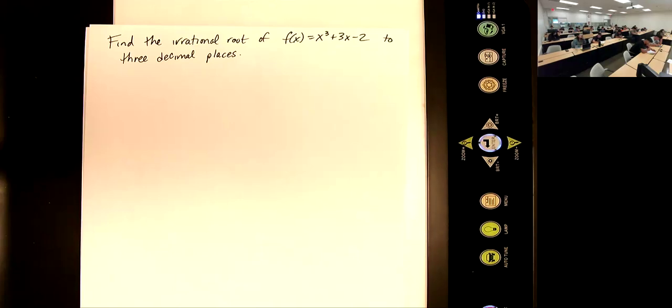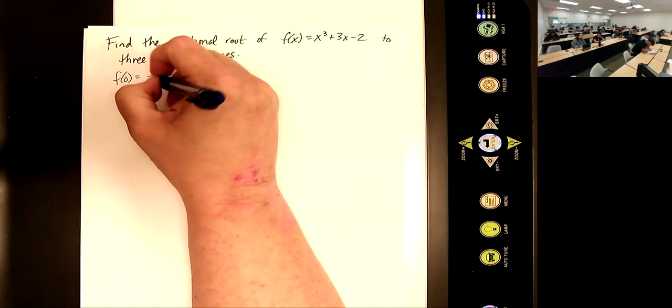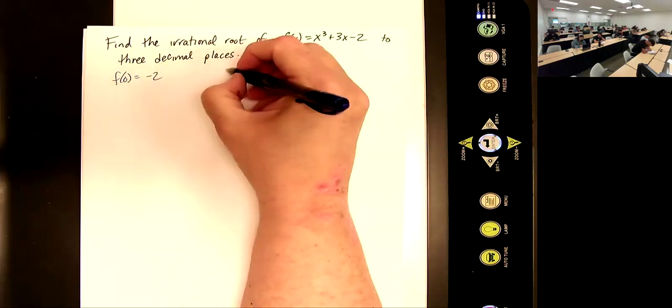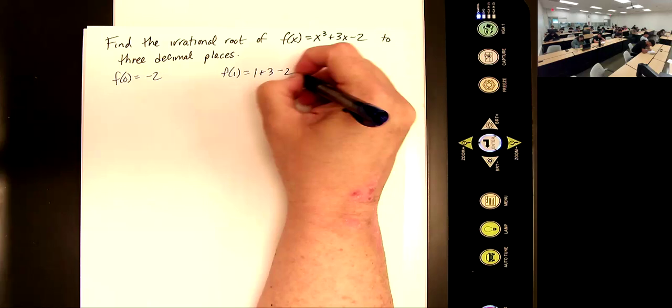Okay, so first off, we gotta find the region that will have a root. Let's try 0 and 1 again. F of 0 equals -2. F of 1 is 1 plus 3 minus 2, which is 2.